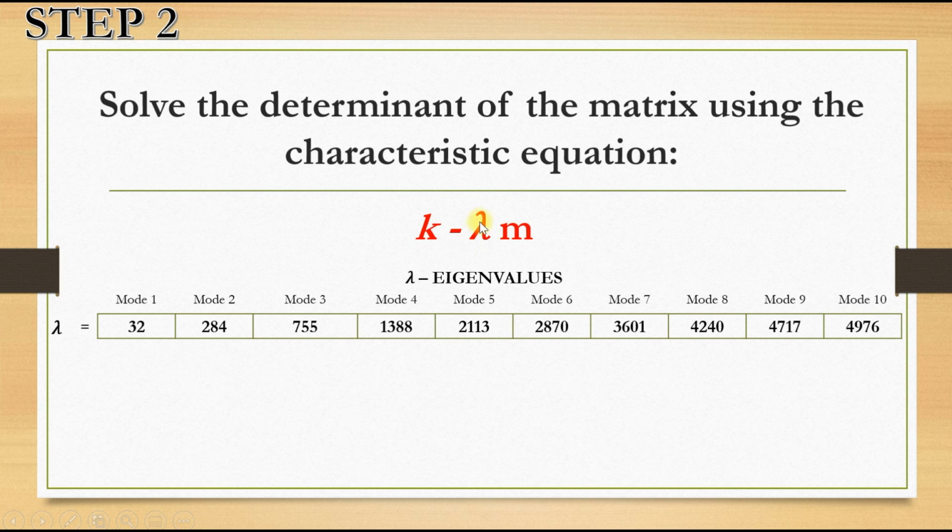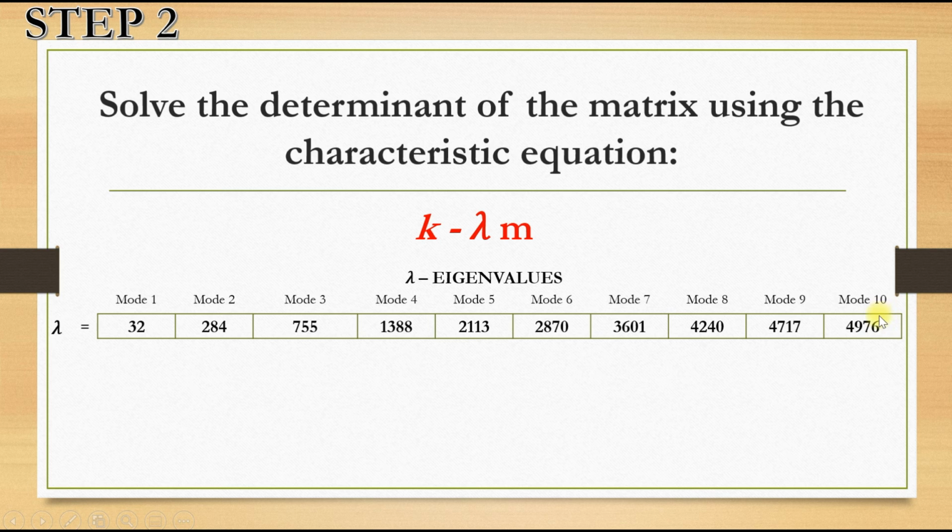So pag i-substitute natin dito, magkakaroon tayo ng 32 dito sa mode 1. Tapos, ang eigenvalue naman ng mode 2 ay 284 and ang eigenvalue naman ng mode 3 ay 755 hanggang dito sa mode 10. So ganun lang din ang gagamitin natin. I-substitute lang natin ang stiffness at saka mass ng each floor.